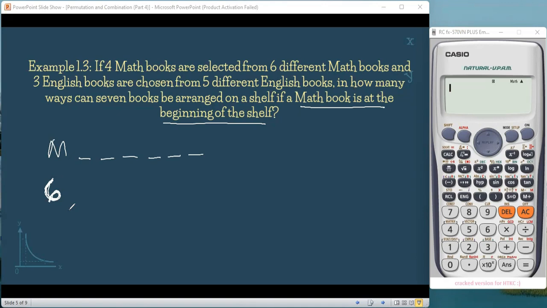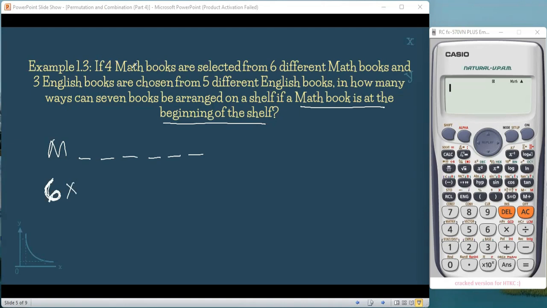So, ilan pong possible na math book, since pare-pareho lang naman po silang math book, pero ilan po yung pwedeng mailagay dyan na math? So, di ba po, since we have 6 books, ibig sabihin, isa doon sa 6, pwedeng mailagay. Kaya we have 6 options for math. Kaya po nilagay natin 6.